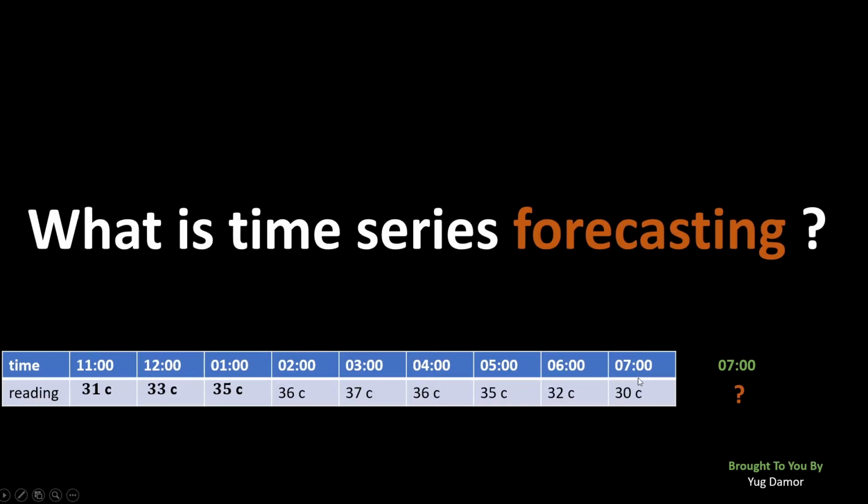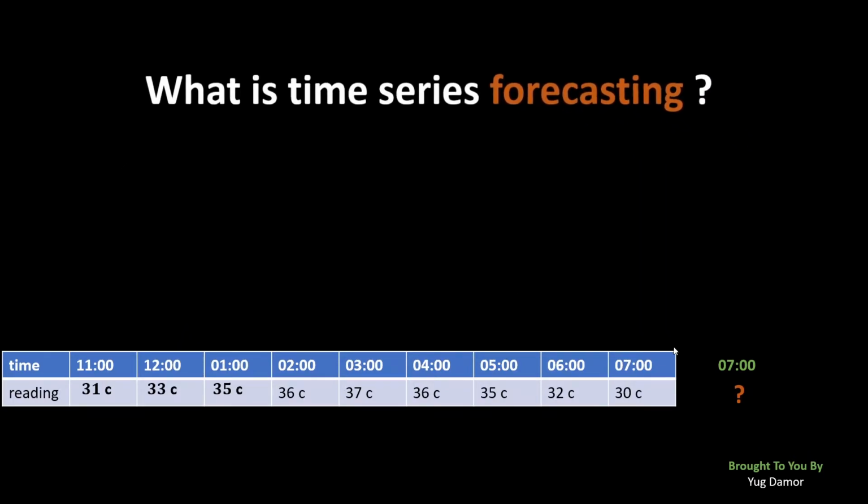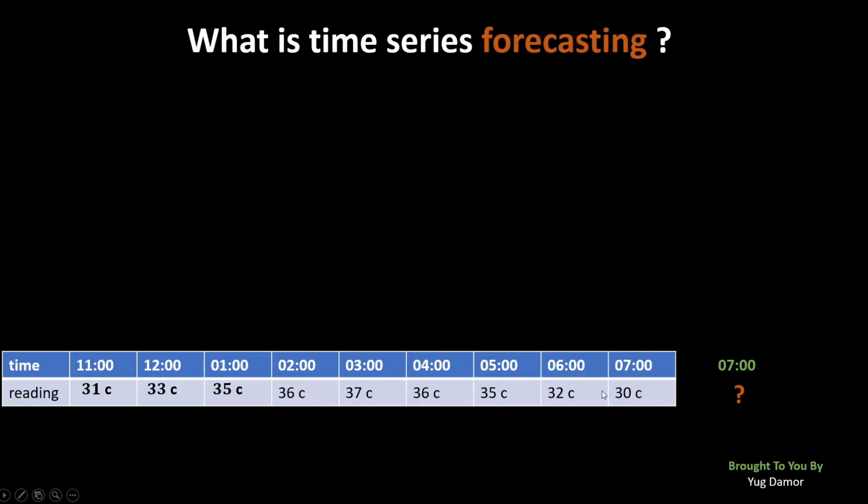Over here you can take one approach, like taking the mean of the last two values. The mean of the last two values will be 32 plus 30 divided by 2, which will be 31. Another approach you can take is to give more weight to the recent value. Here the recent value is 30, so you can give more weight to this value.